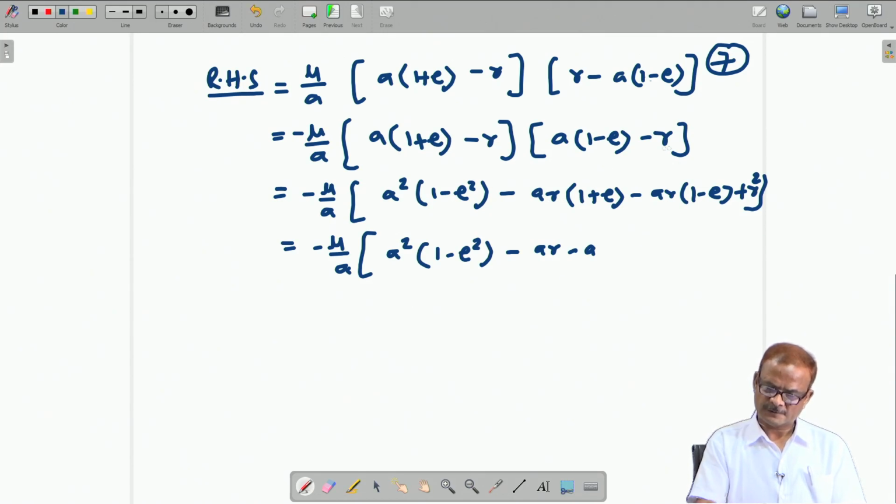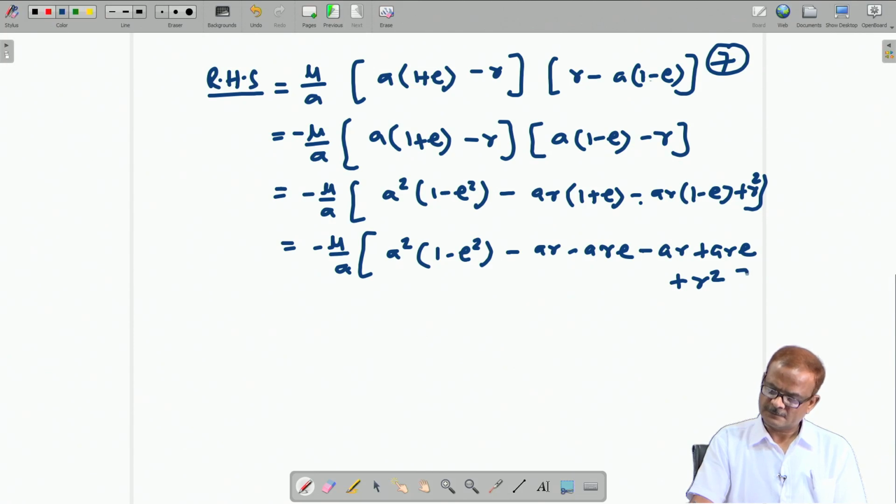So, the a r times 1 plus e is okay. So, a r minus a r e, from here this place minus this is a r, and plus a r e, and plus r square.